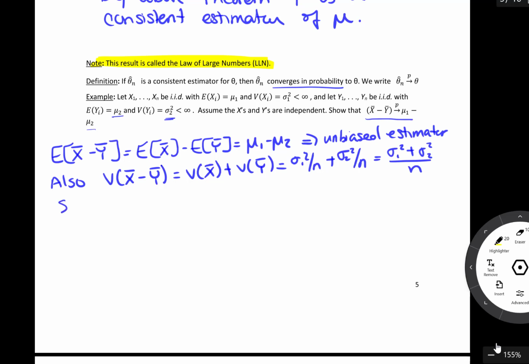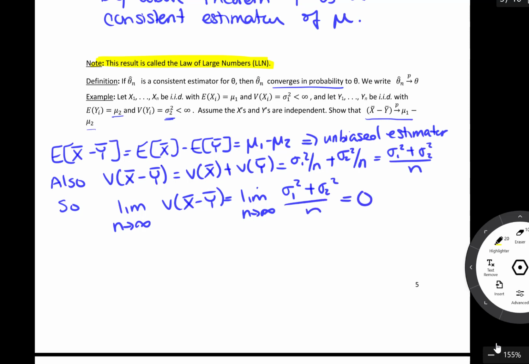So next we're going to look at the limit. The limit as n approaches infinity of the variance of x bar minus y bar is equal to the limit as n approaches infinity of sigma 1 squared plus sigma 2 squared over n, which is obviously equal to 0.